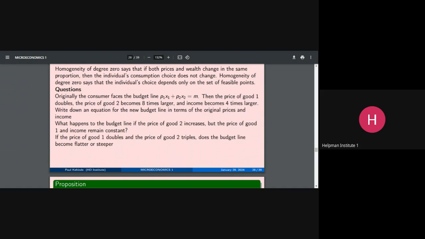Mr. Jackson? Chidazi, are you there? What will happen to our graph or the budget line if good 2 is increased and good 1 remains unchanged? What will happen?